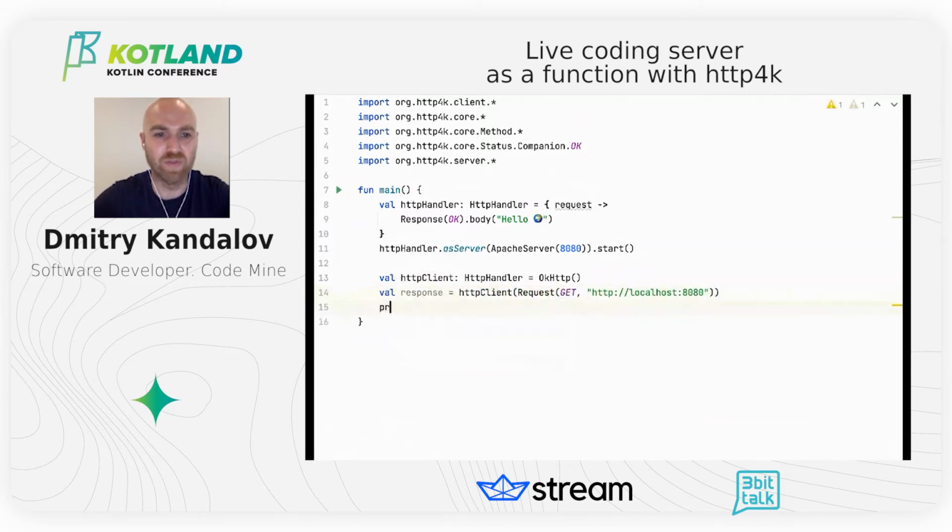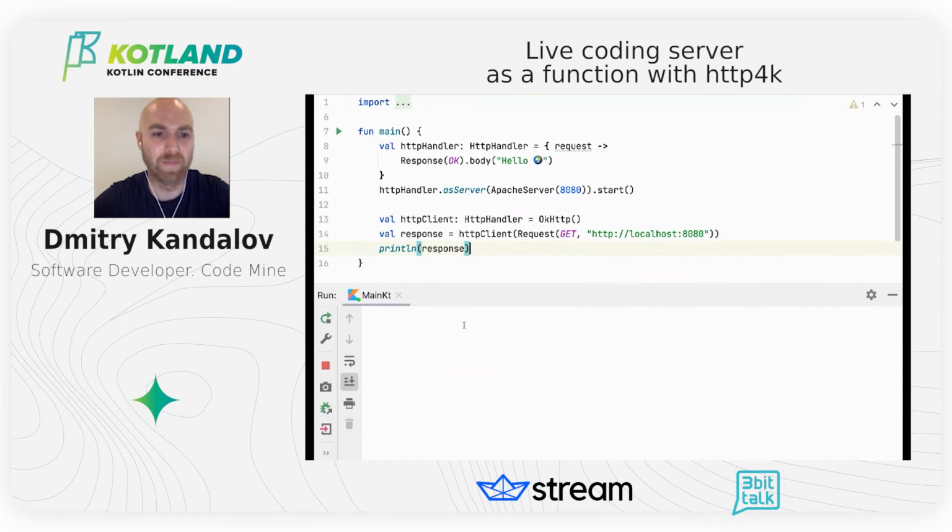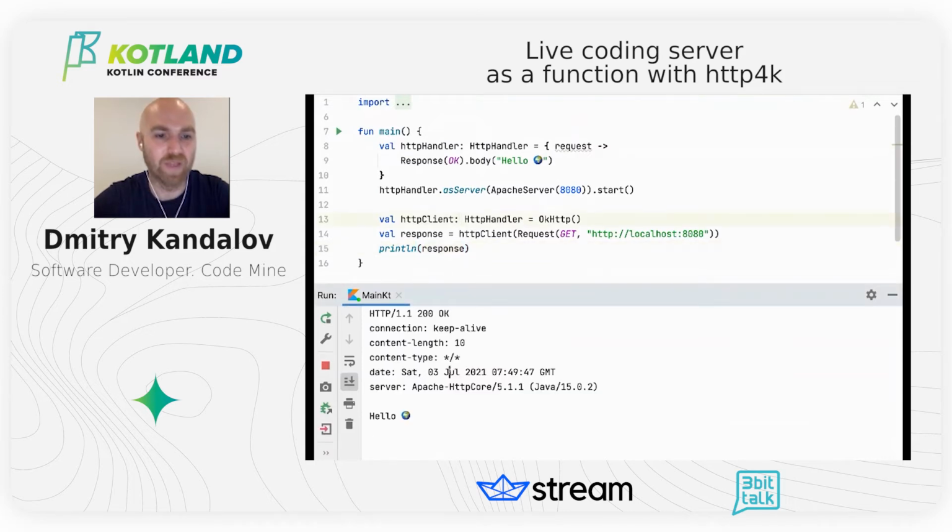So this is going to be a response, which we can print. If I run this now, we should see in the console in IntelliJ also the response that we got back from our own server. So we get back pretty much what we've seen on the command line. It says hello world.